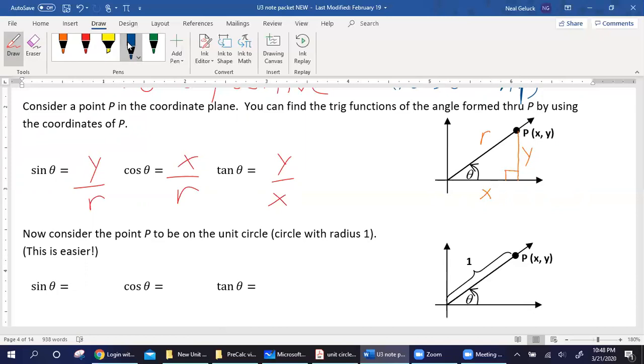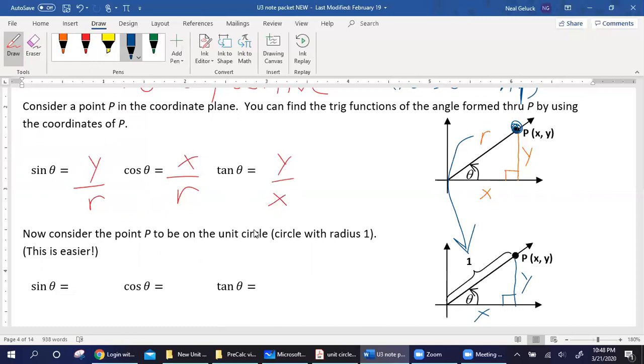Now we're going to lock this point onto the unit circle, which again means it's on a circle with radius of 1. So notice that I replaced r with the number 1. Still, if I build a right triangle, the adjacent is x, the opposite is y. Well, let's see what happens.